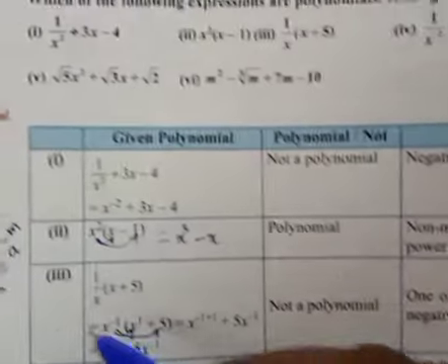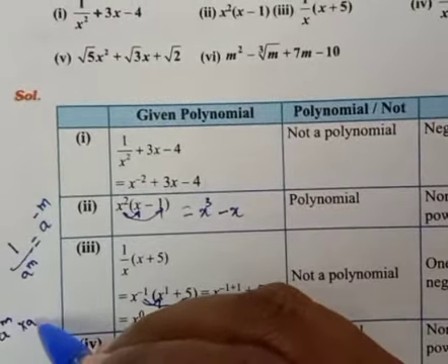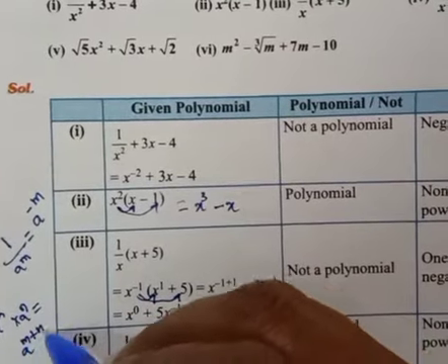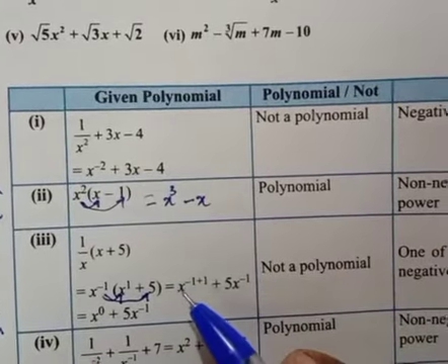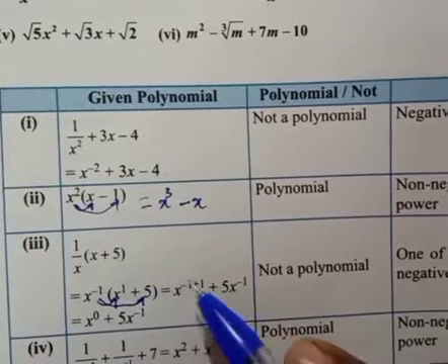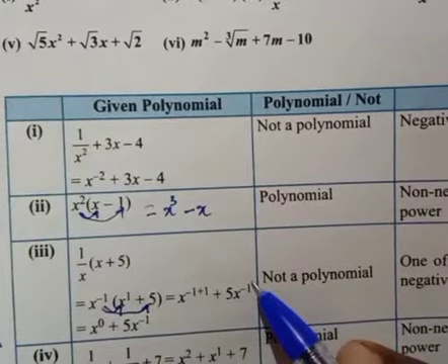So that is a power m into a power n is equal to a power m plus n. Do you remember? Yes. So it is in the form a power m into a power n. So that is x power 1 plus minus 1, plus 5 into x power minus 1.